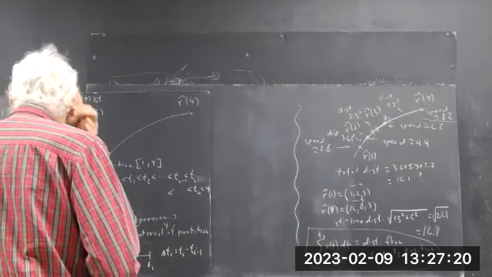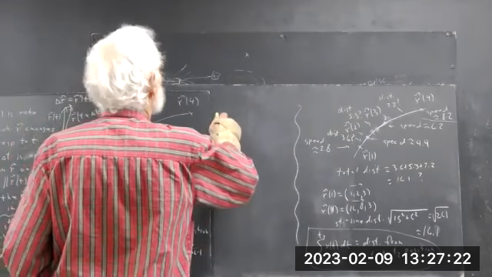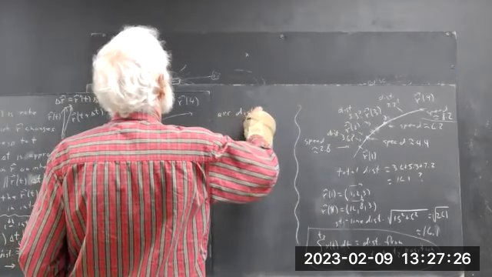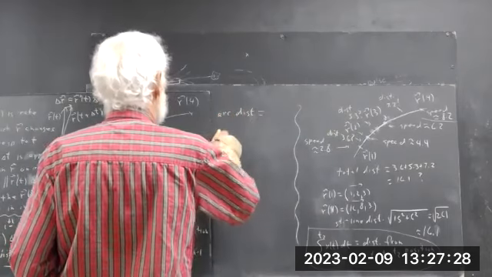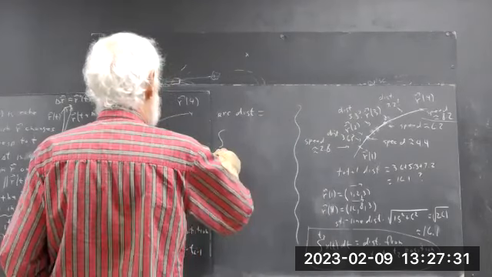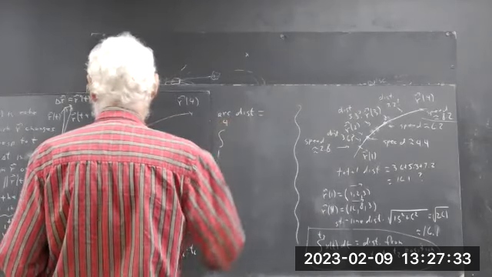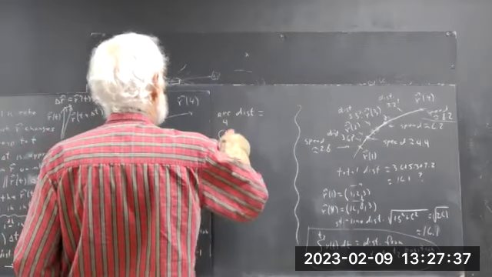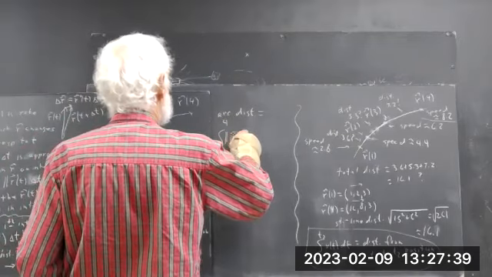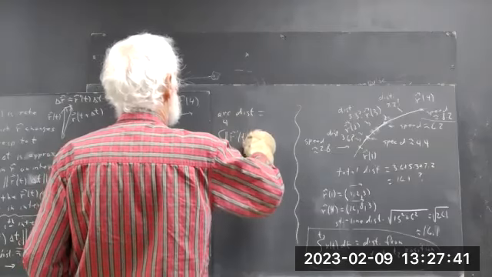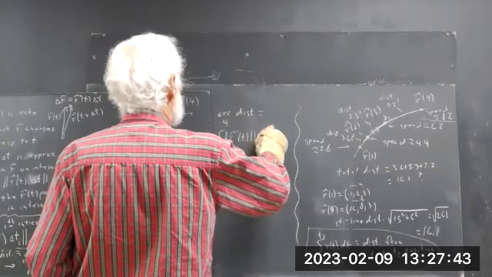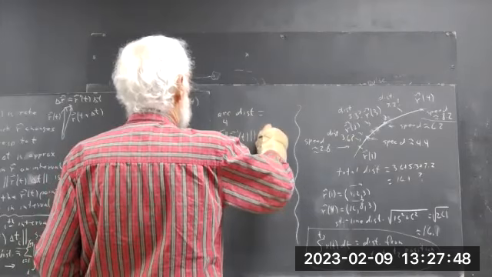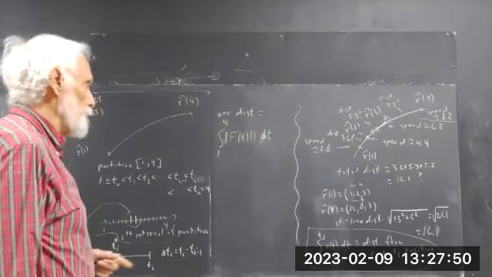Well, then the arc distance equals the integral from 1 to 4 of the magnitude of r prime of t, no longer relative to its dt.